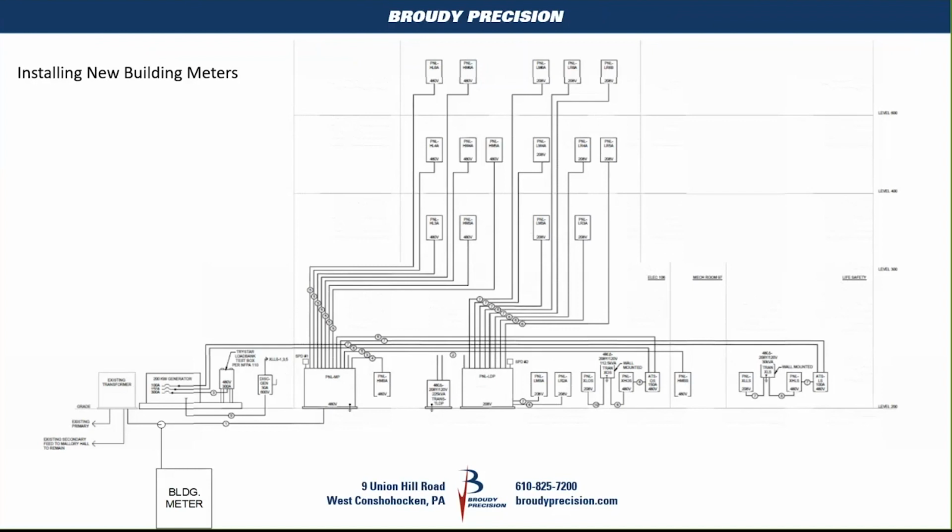If the electrical distribution is such that each panel or each circuit that feeds an individual tenant can be metered, it's a better application for tenant billing. But again, it has to do with the distribution of electrical power throughout the building.